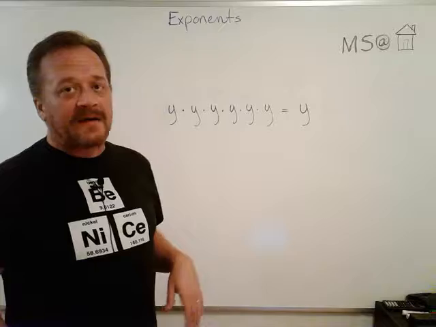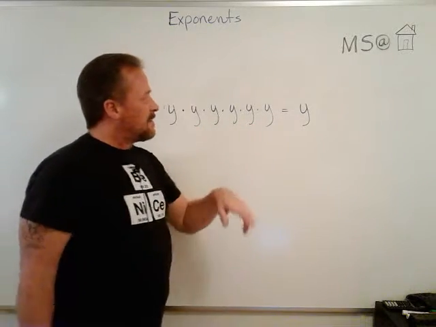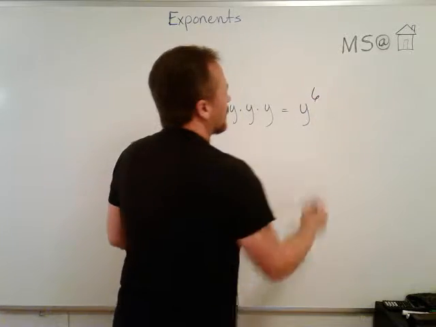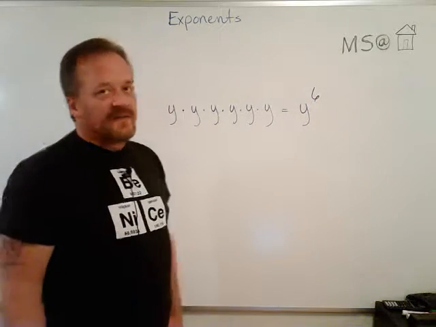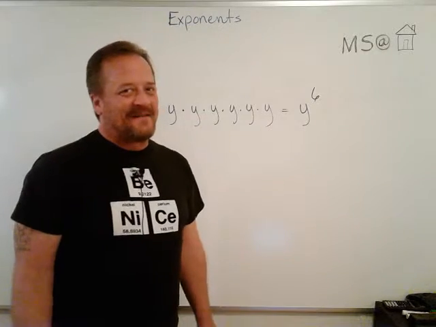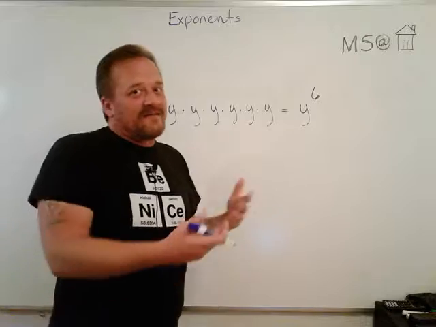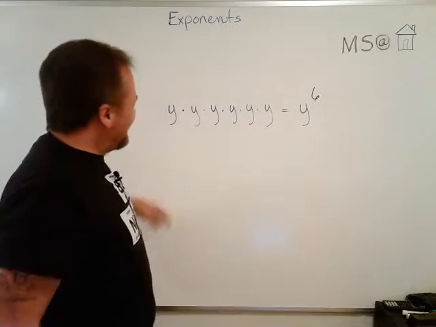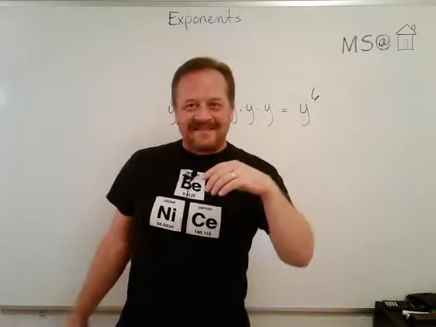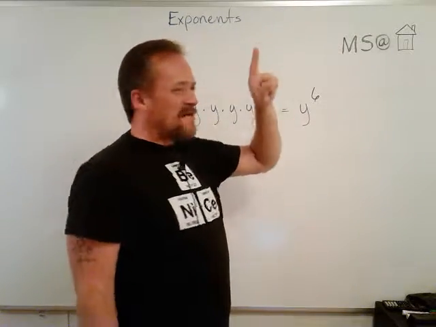Well, let's just count the y's. 1, 2, 3, 4, 5, 6. Y to the 6th power. Well, because there's 6 of them. Get it? I'm not very good at jokes. Y to the 6th power because, never mind. Anyway, there are 6 y's being represented in this string, so my exponent is y to the 6th power.